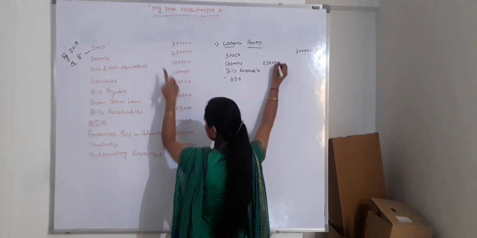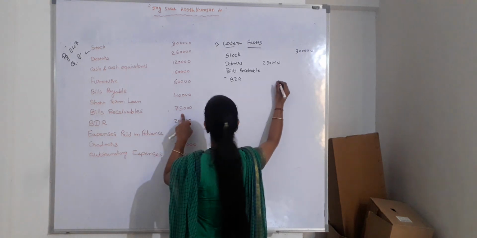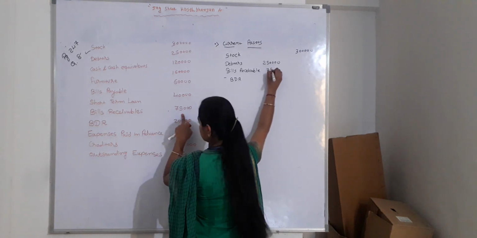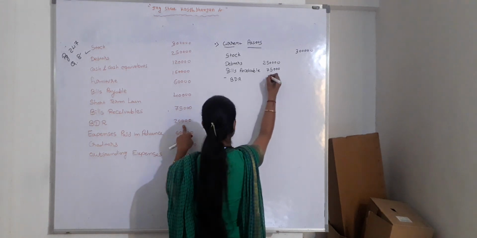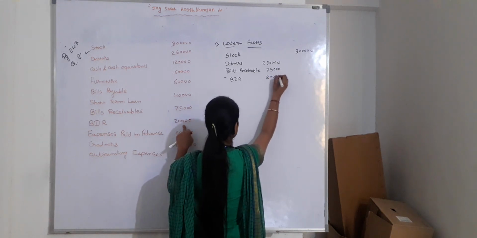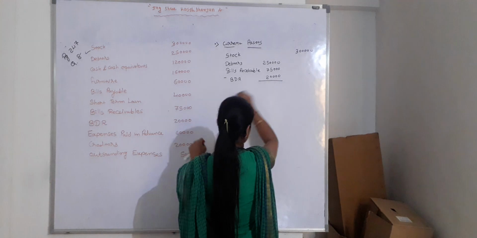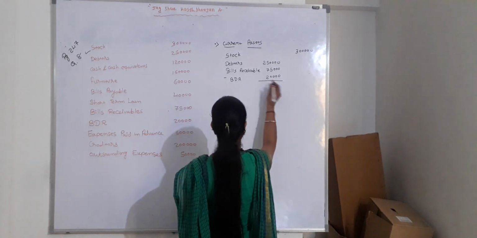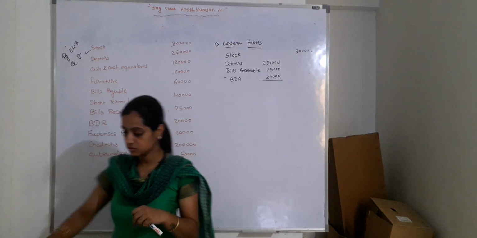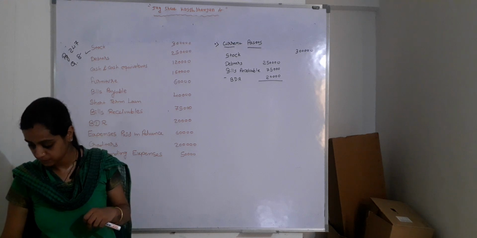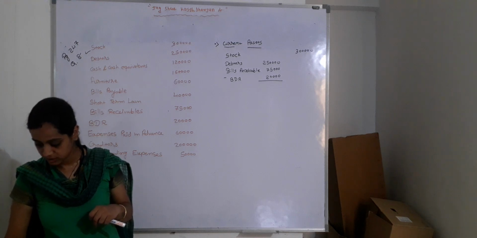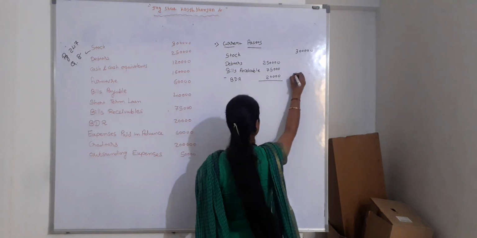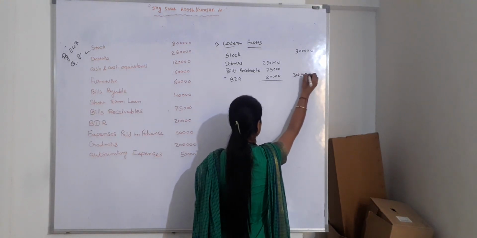Debtors are of 2,50,000. Bills receivable 75,000. And BDR 20,000. That means 2,50,000 plus 75,000 minus 20,000. That means our answer will be 3,05,000.